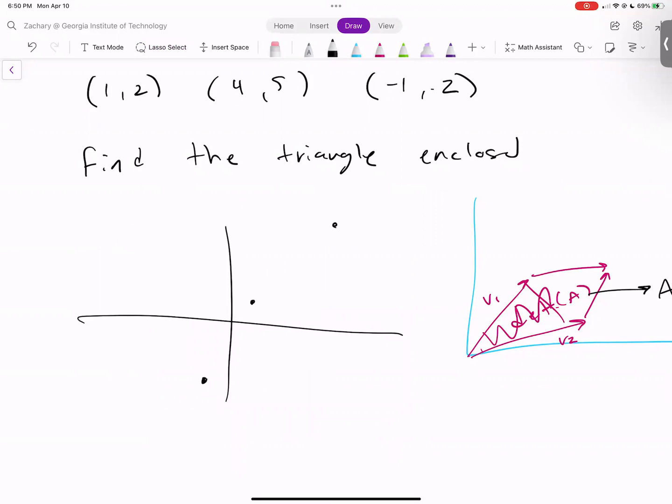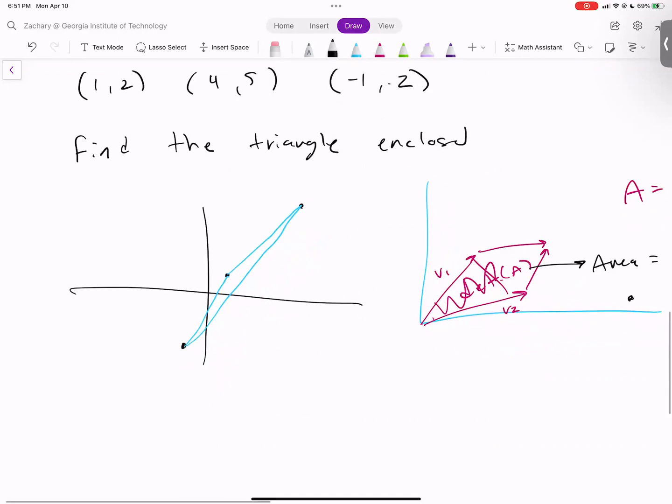So something like this. Okay, so an incredibly skinny triangle. So how would I find the area of this? Well, what I could do is find a vector from here to here, and a vector from here to here, and take half the determinant of whatever those 2 vectors create. So the process to find area.